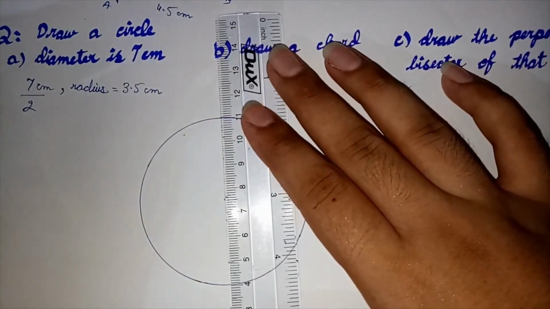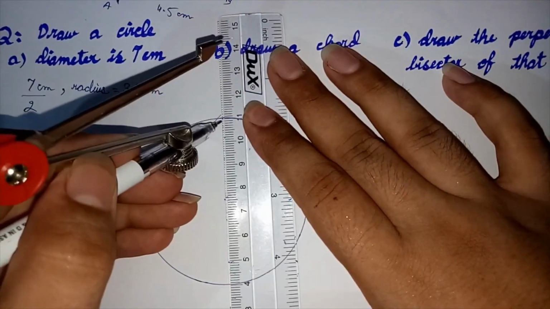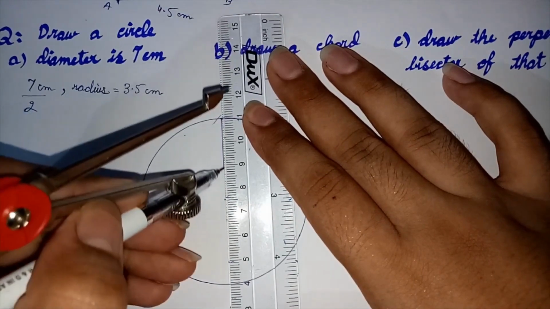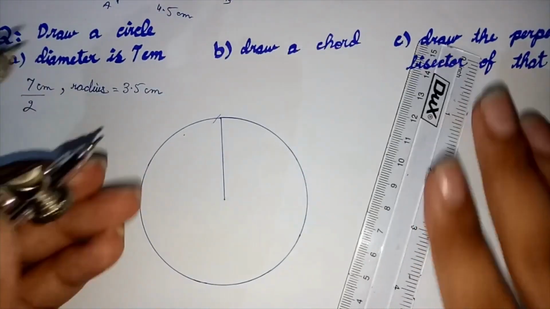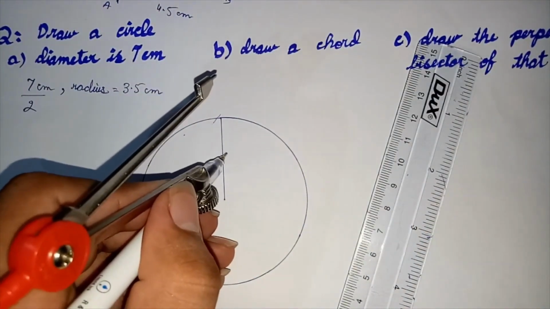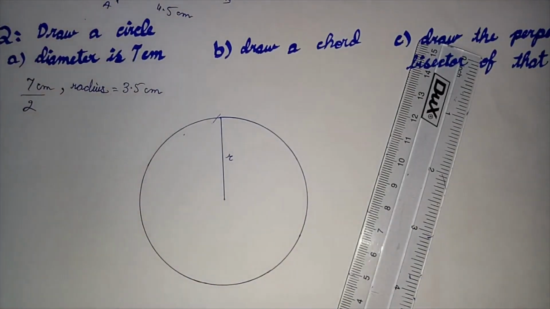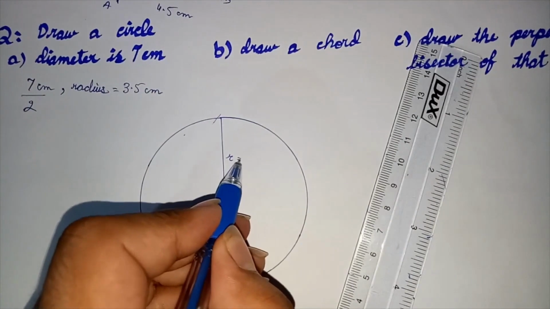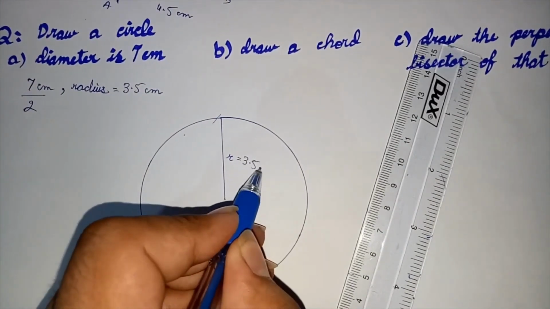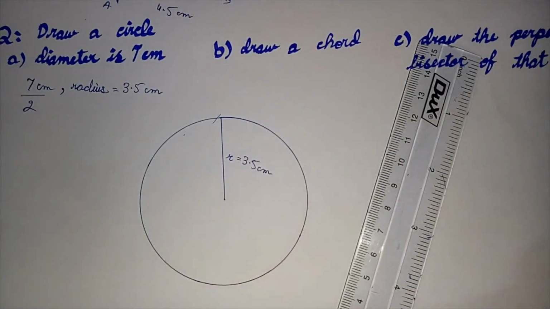Now we have to draw this length here, which will show that this is our radius r, which is 3.5 centimeters. That's how we can draw a circle.